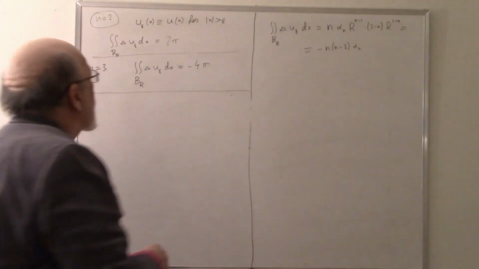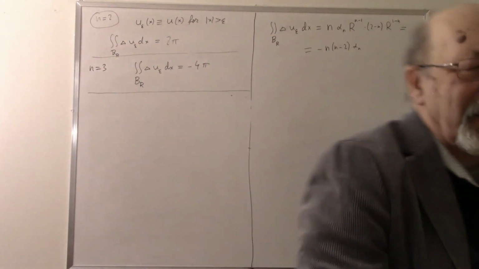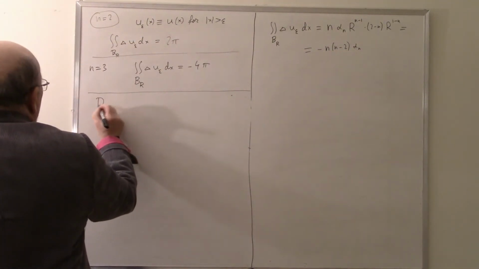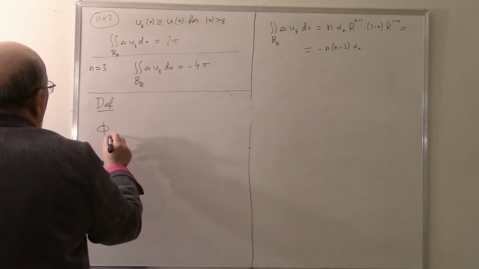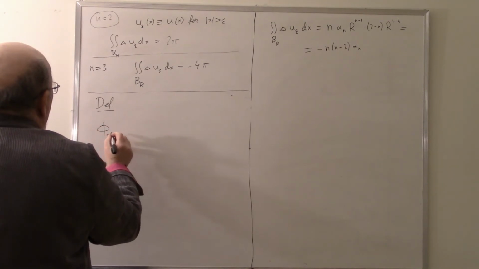U epsilon u was temporary notation. So let me introduce this definition. Phi epsilon.